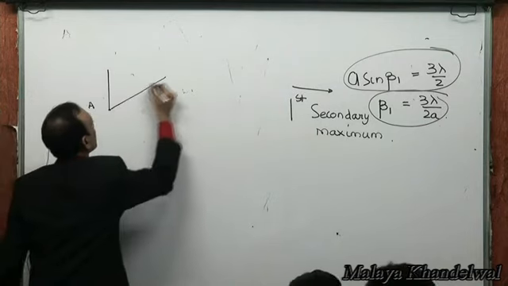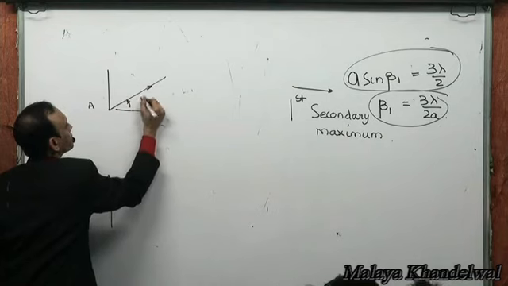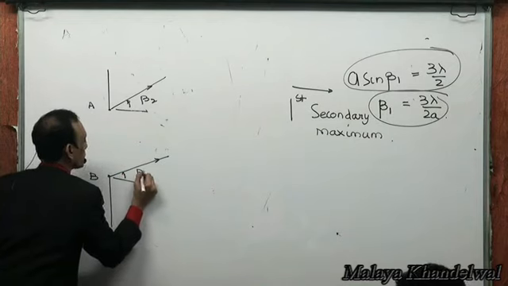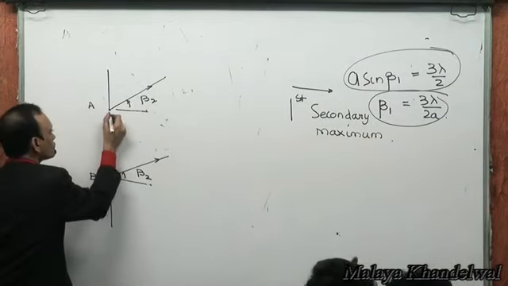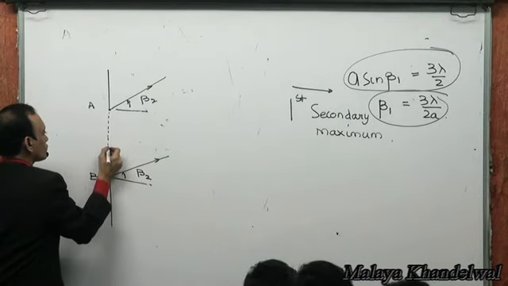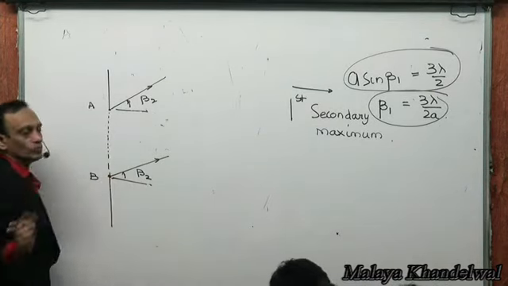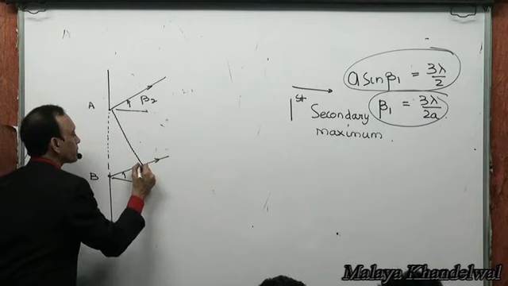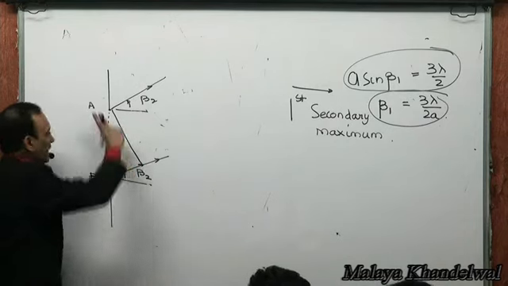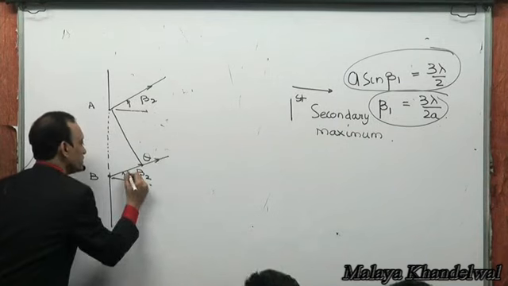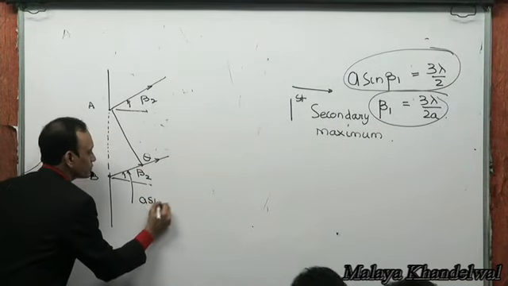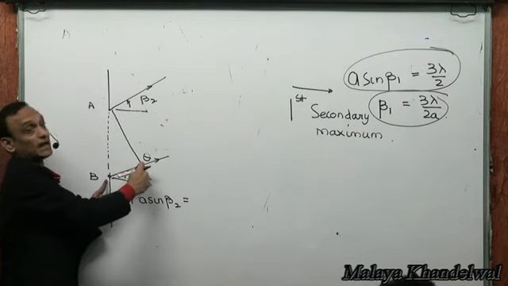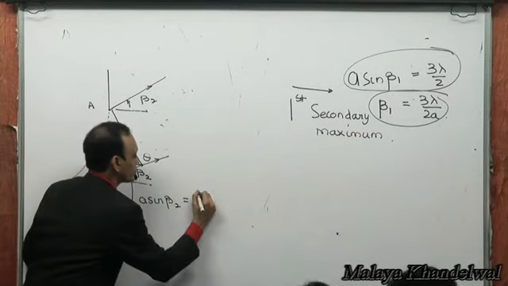Now, I select theta equal to beta 2, such that the path difference between rays from A to B, which is A sine beta 2, this time I select as 5 lambda by 2.